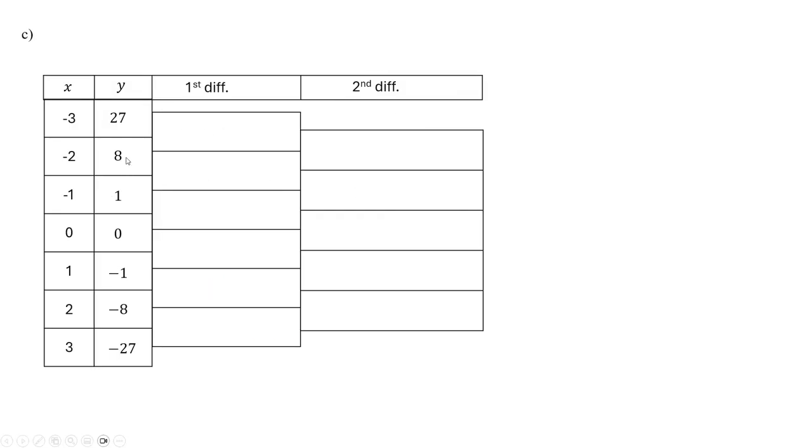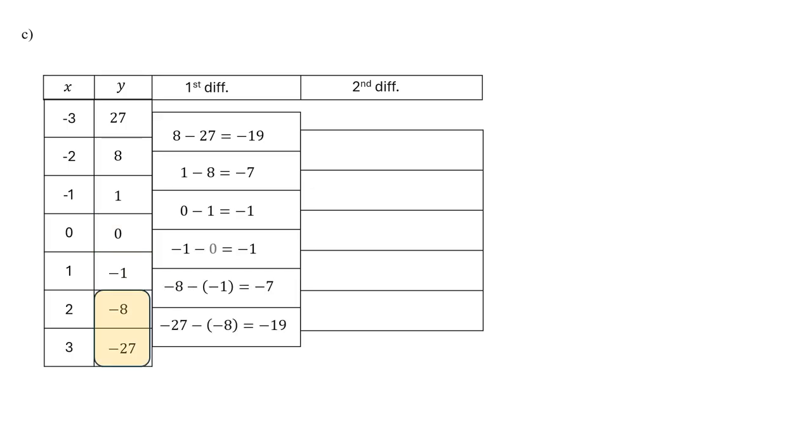Here in this one, we calculate our first differences. 8 minus 27. Get this answer. So we'll just quickly go through the first differences. And we can see that they are all different. The first differences are not the same. So we know that our equation is not linear.